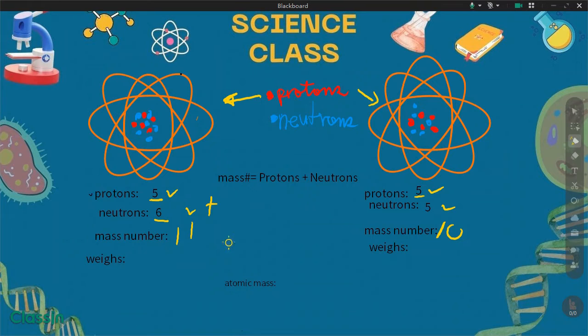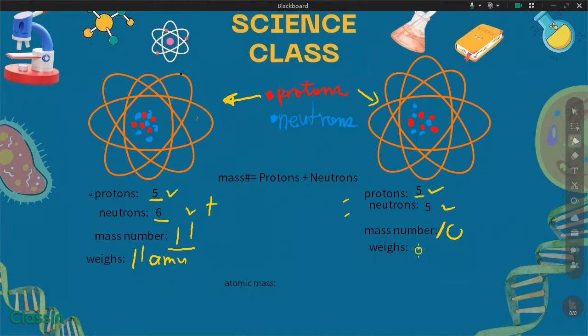So how are we going to weigh this? Since we talked about weighing in the first topic, we said that one proton is equivalent to 1 AMU. So also neutrons. So you can see here that the mass number is 11. So you will say that it weighs 11 AMU, and protons plus neutrons are 5 and 5.